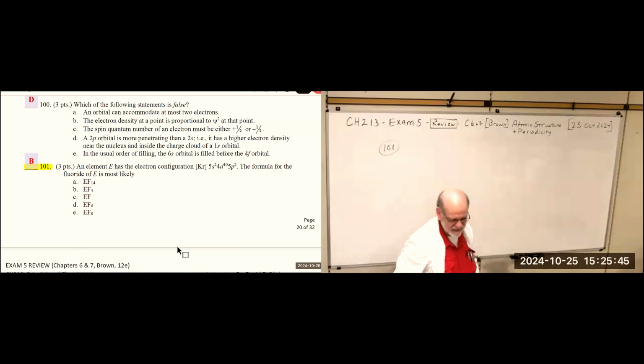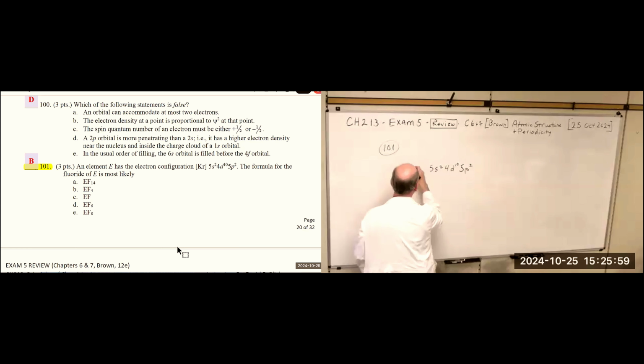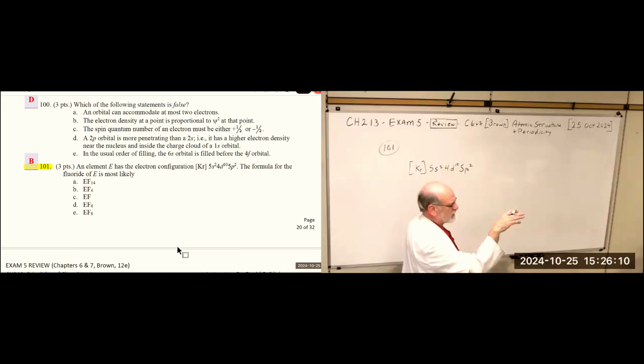An element E has electron configuration with 5s2, 4d10, and 5p2, with, is it krypton? Yeah, krypton. So which element is that? Krypton, it would be, that's 10.